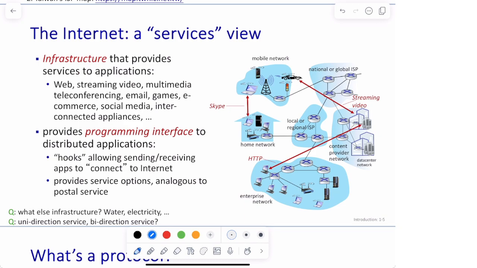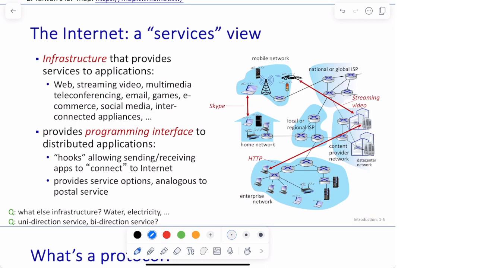water, right? So as long as I have an electricity plug on the wall, I can use whatever device, your TV, your computer, as long as you plug into the plug, your device works, right?